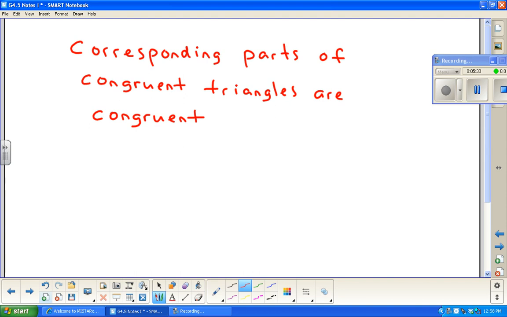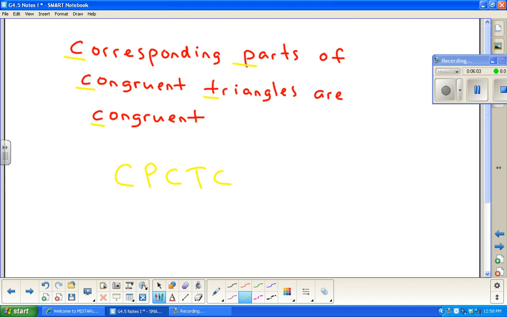Have you guys heard that before? We actually just use the first letters to abbreviate it because this is going to be a reason we use quite a bit. It's C, corresponding, P, C, T, C. CPCTC. That's the abbreviation we're going to use. And you can just write that as your reason, as long as you know what it stands for: corresponding parts of congruent triangles are congruent.